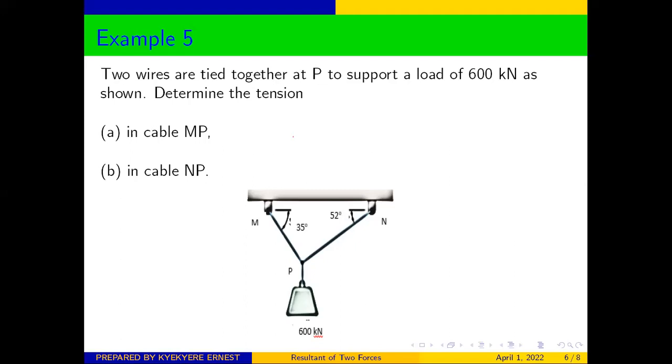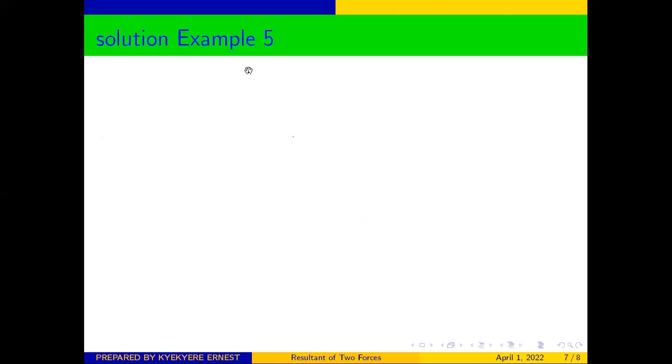Two wires are tied together at point P to support a load of 600 kilonewtons as shown. Determine the tension A in cable MP, B in cable NP. So let's try and see how to solve this question also. Solution to example 5. Good.